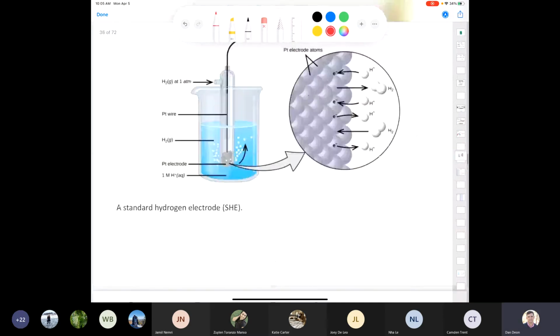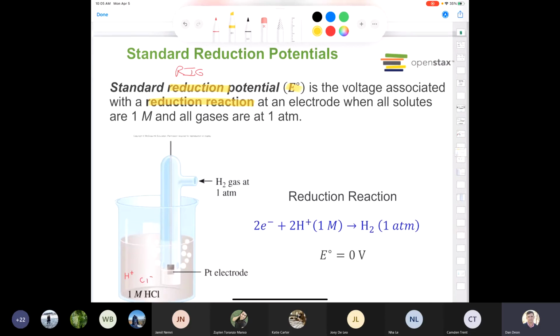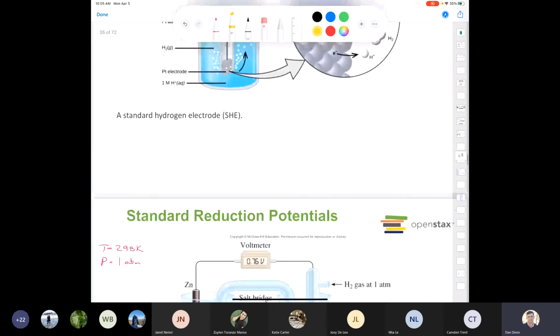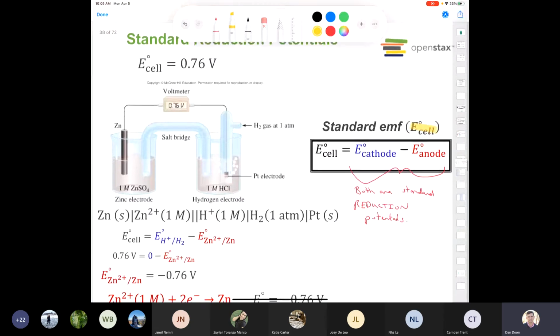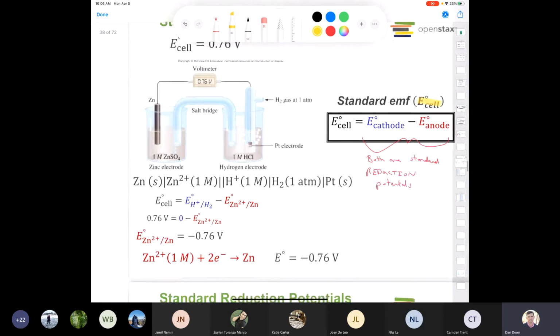Don't believe me? Go back in my slides here. I said that the E naught, the standard reduction potential, is associated with a reduction reaction. And we're going to look at a table that has standard reduction potentials in a minute. If you read the textbook, you know where I'm going with this. When we use this formula, which you're going to need for your next exam, the standard potential of the cell is equal to the standard reduction potential of the cathode, subtract the standard reduction potential of the anode.